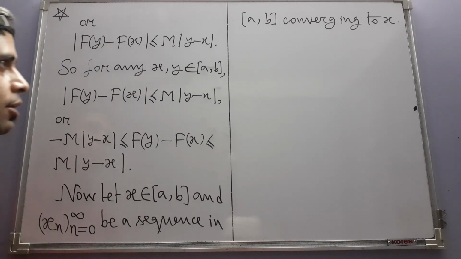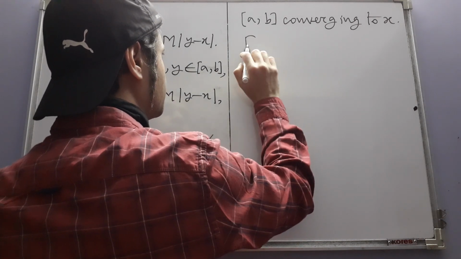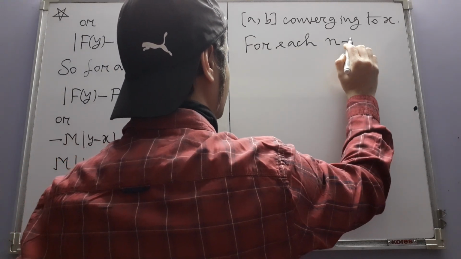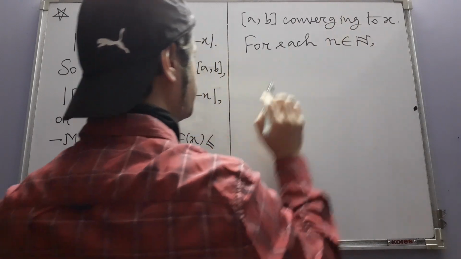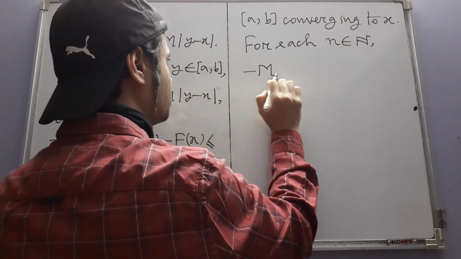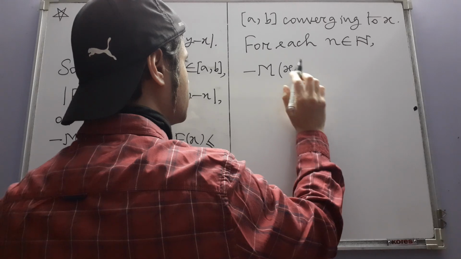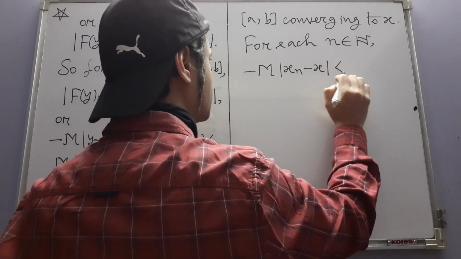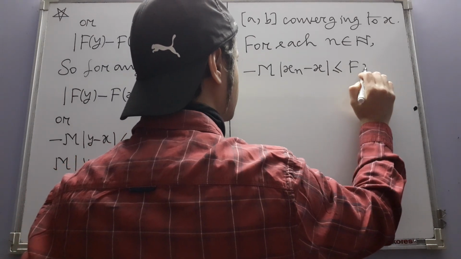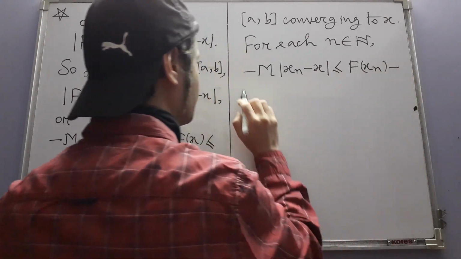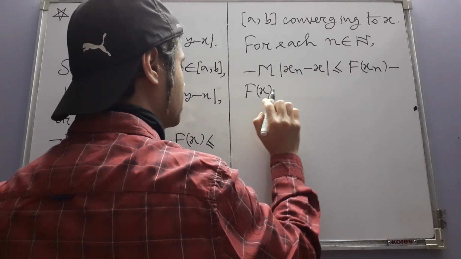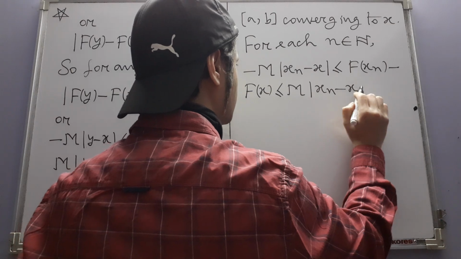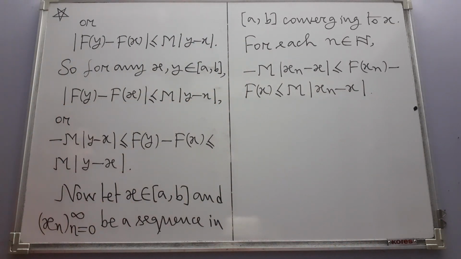In particular, we also have this for each natural number n: minus m times |x_n minus x| is less than or equal to f of x_n minus f of x, which is less than or equal to m times the absolute value of x_n minus x.